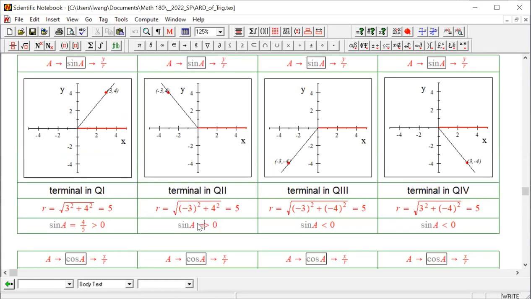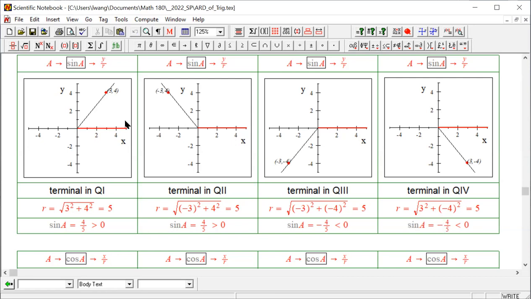And in this case, it is negative 4 over 5. We can put the negative sign in front of it. And the last one in that example, we're still talking about the examples, is still negative 4 over 5.